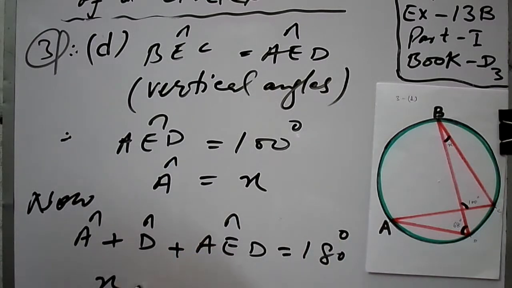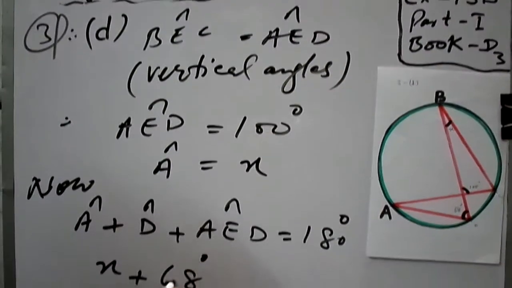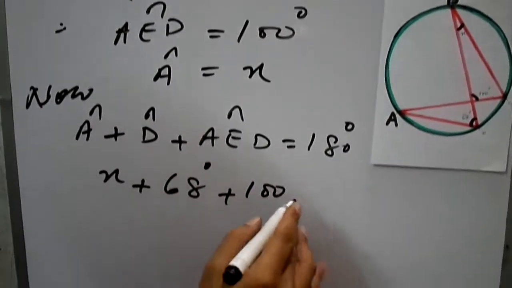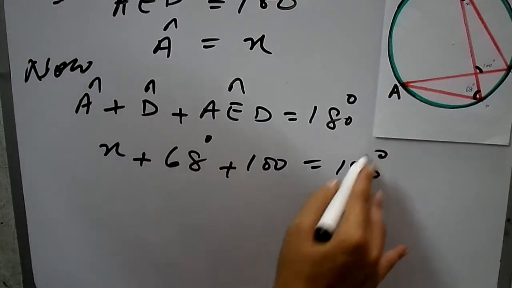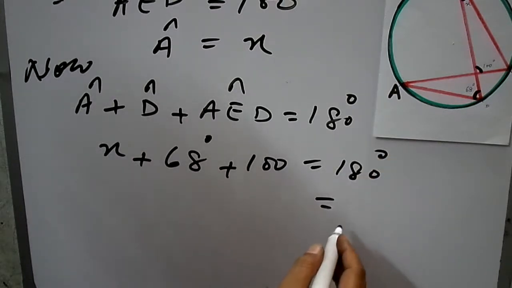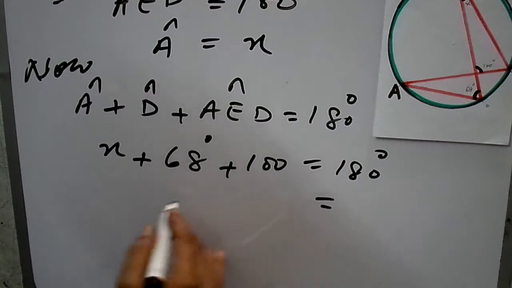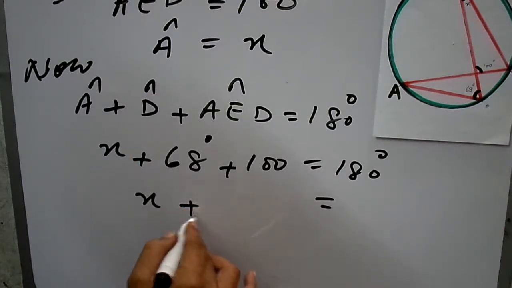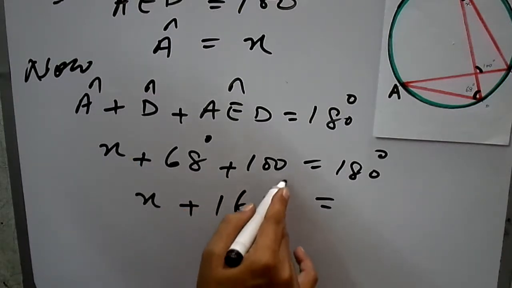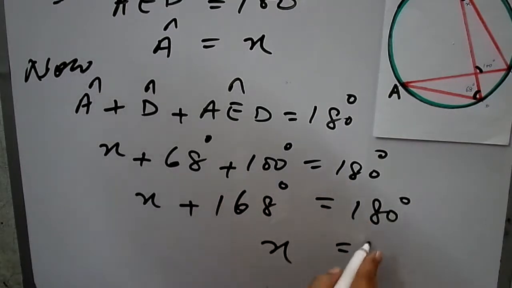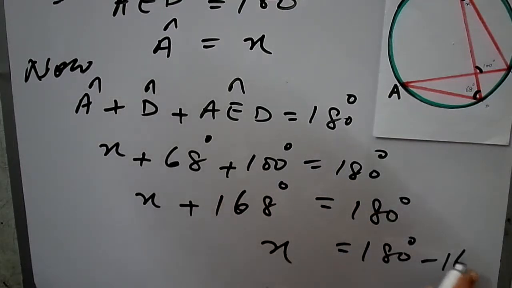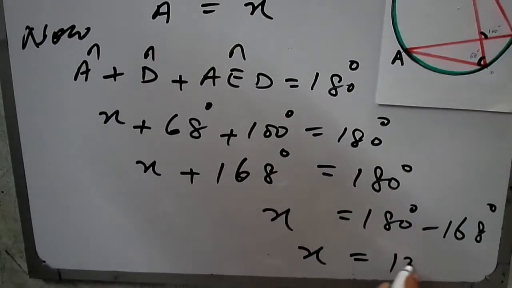So x plus 68 degrees plus 100 degrees is equal to 180. So x plus 168 degrees equals 180 degrees. So to get the value of x, 180 degrees minus 168 degrees, you will get x equal to 12 degrees.